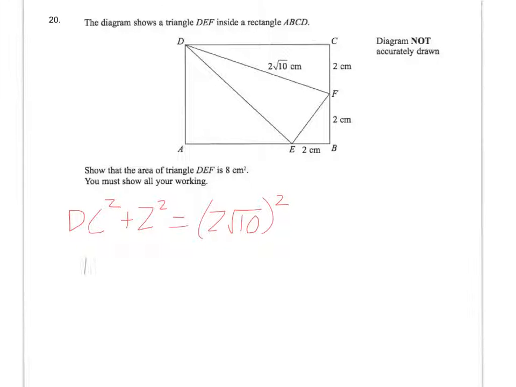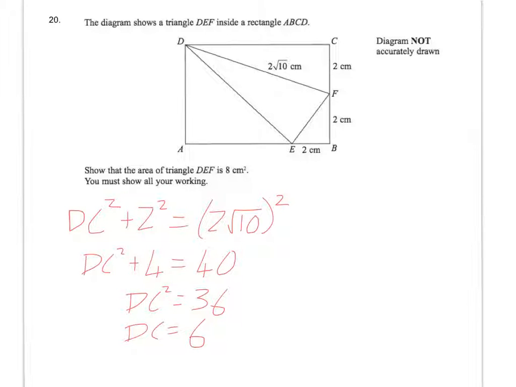So DC squared plus 4, because I need to square the 2, which is 4, equals the square root of 10 squared, which is 40. So DC squared is 36, so DC must be 6. No need for positive or negative here, because I know it's a positive length.